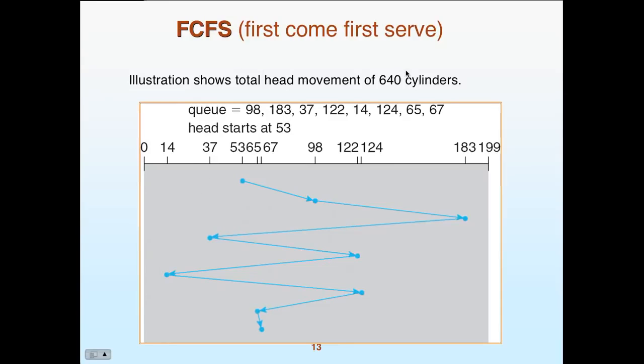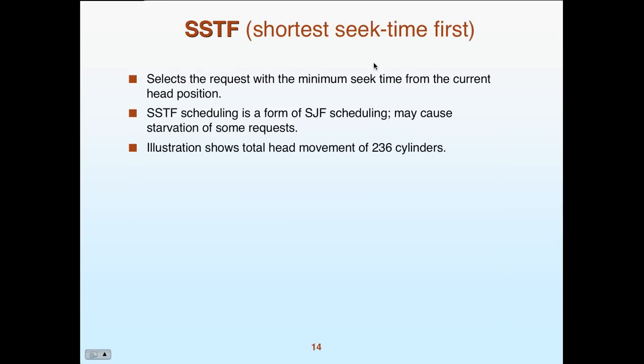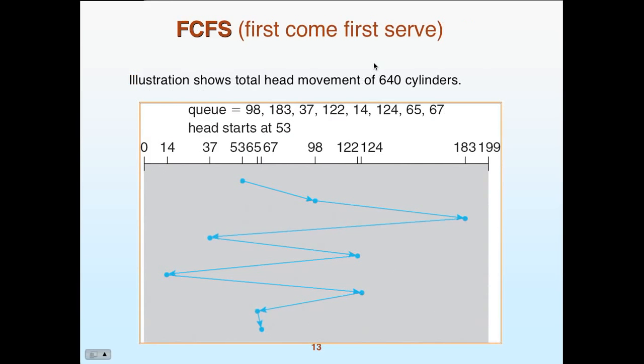It's comparing, and I'm going to go through a couple more techniques, but first show you how to compare them. In terms of what we're looking at here, we would add up all the arm movements and figure out how much time it is going to take.